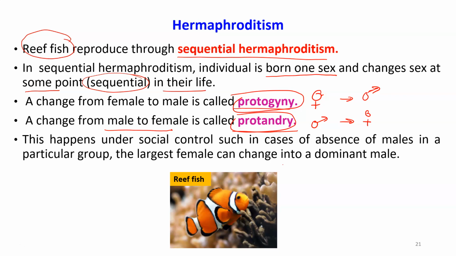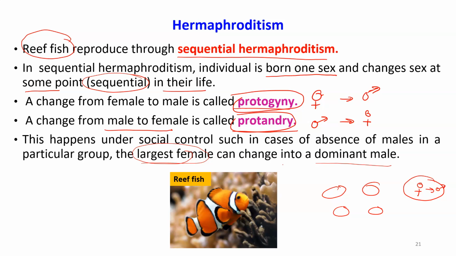So this happens under social control, such as in cases of absence of male in a particular group. So the largest female will become the dominant male. So you have a group of reef fish. Okay, kalau dalam group tu tak ada male dah, mati ke kena makan, whatever, the largest female will become the dominant male.